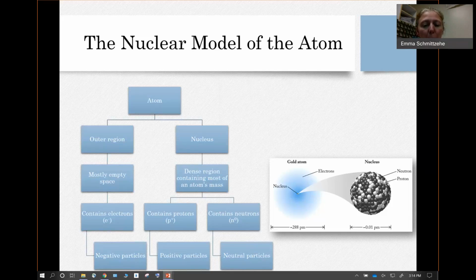If you had a gold atom, the approximate size of a gold atom is 288 picometers. Then they have the zoomed-in nucleus there. The nucleus of a gold atom is only about 0.01 picometers, so it's very small relative to the total size of the atom.